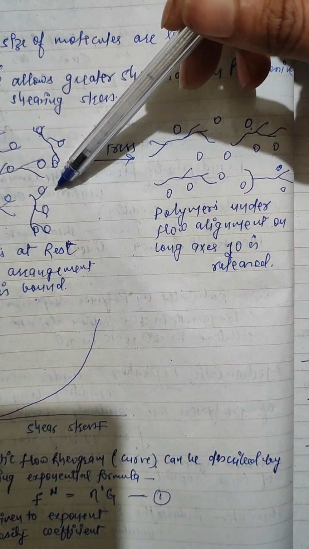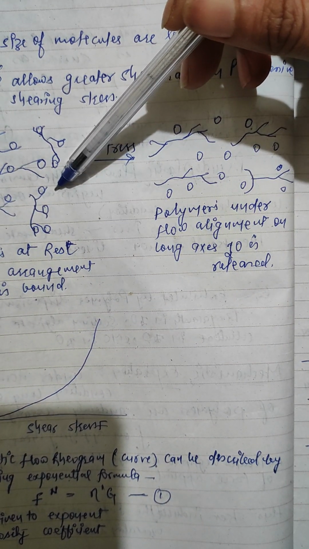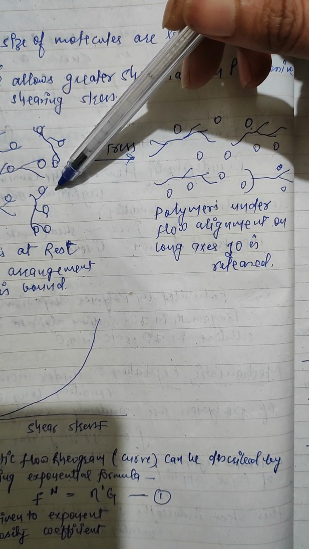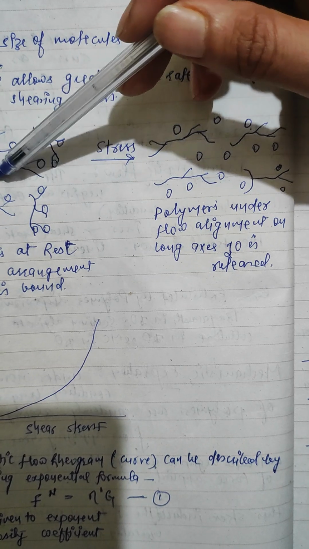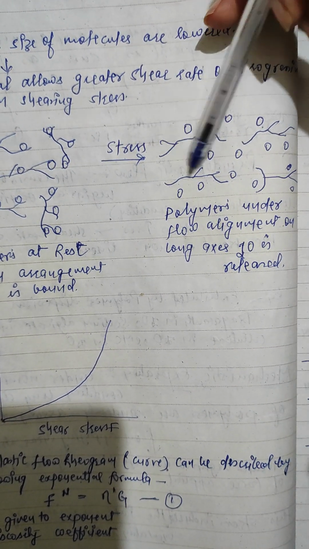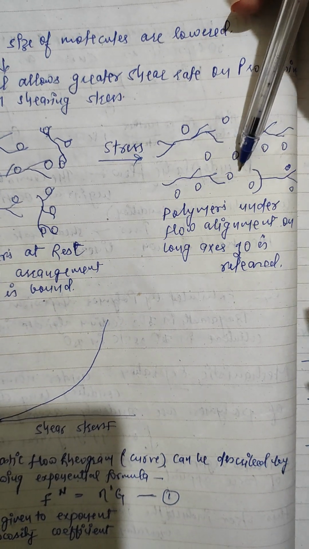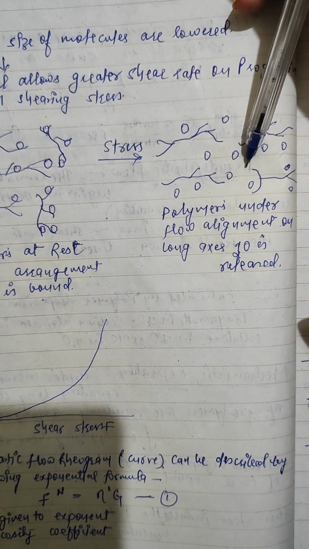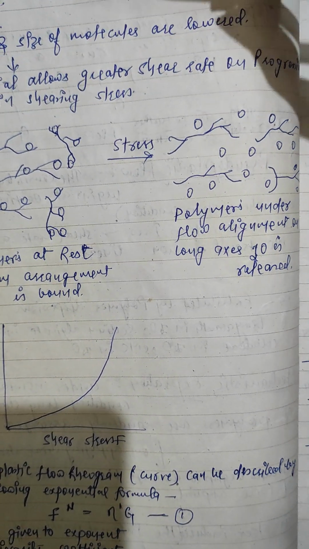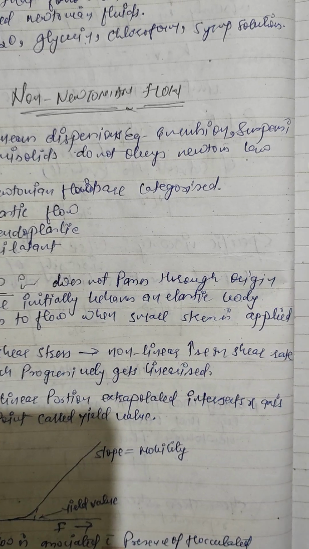Once it is in storage condition in the bottle, the ketchup is in a thickened state, right? These are randomly arranged. But when you apply a certain amount of stress, fluidity comes into it and it starts to flow, right? So this was the explanation of the pseudoplastic behavior.